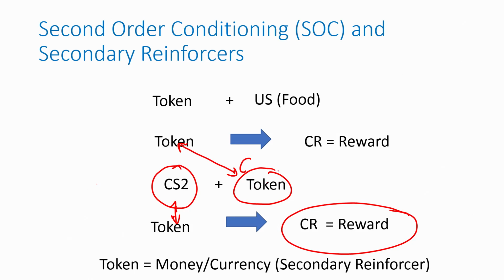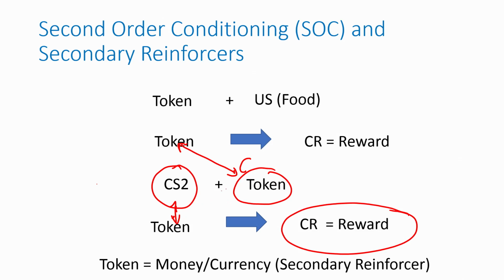So, pair it with that token, and now the CS2 itself would develop a response which is a reward response. Again this itself can act as another proxy for the token. So, there are several proxies for the token here, CS1 and CS2, but the bottom line is the token can act as a proxy for the food.